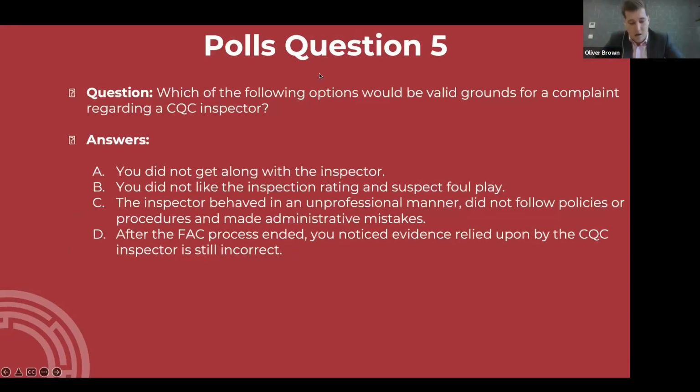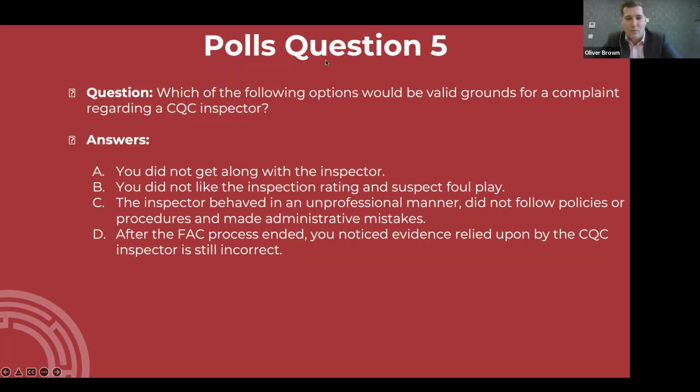So this is the last one. Which of the following options would be valid grounds for a complaint regarding a CQC inspector? My notes have actually disappeared again for this one, Gemma, but I think I know. So I'll just let people select the answer.